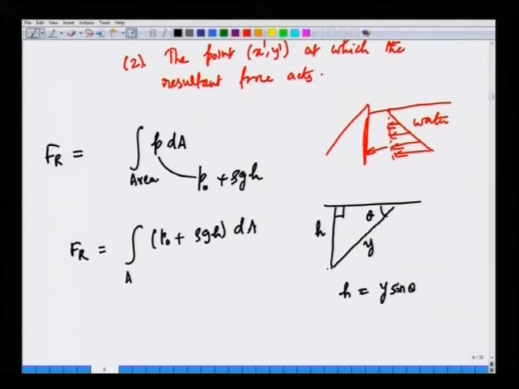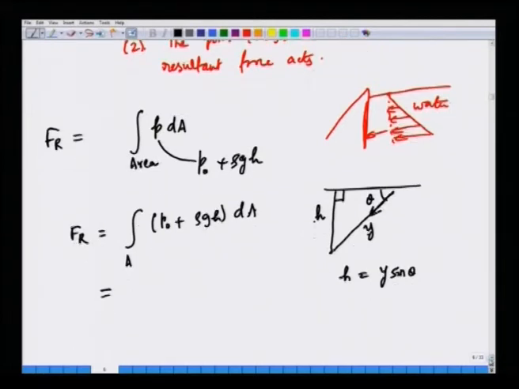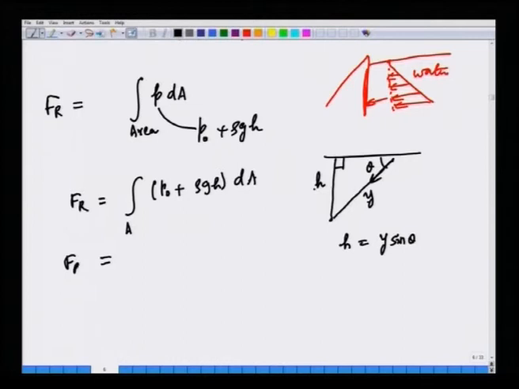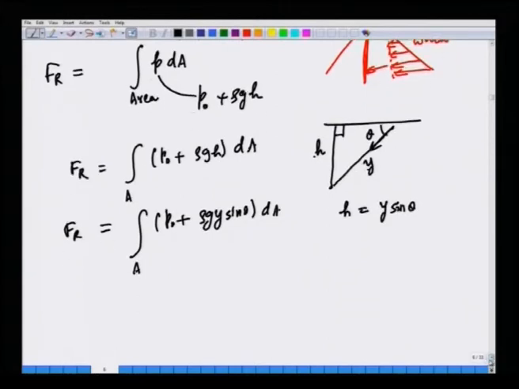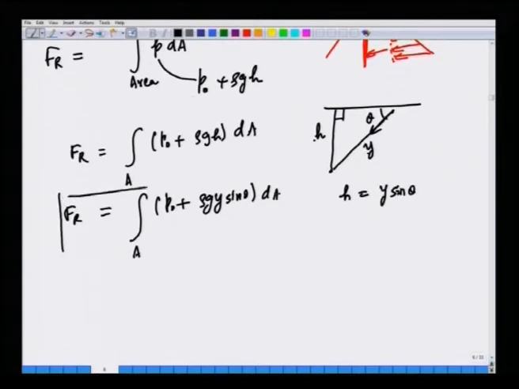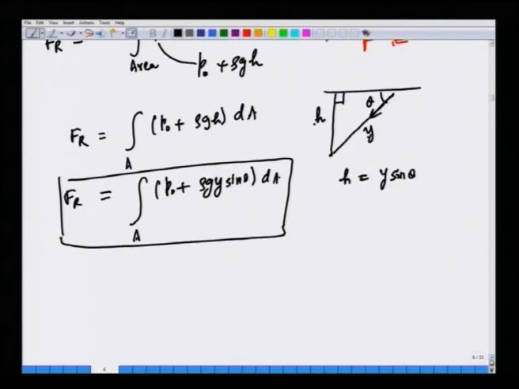So, we want the value at point h. Instead of h we will use y, because the coordinate is along the surface, that is y. So, we will say F r is nothing but integral over A of (P 0 plus rho g y sin theta) dA. This is how one calculates the resultant force on a surface that is submerged in a fluid.